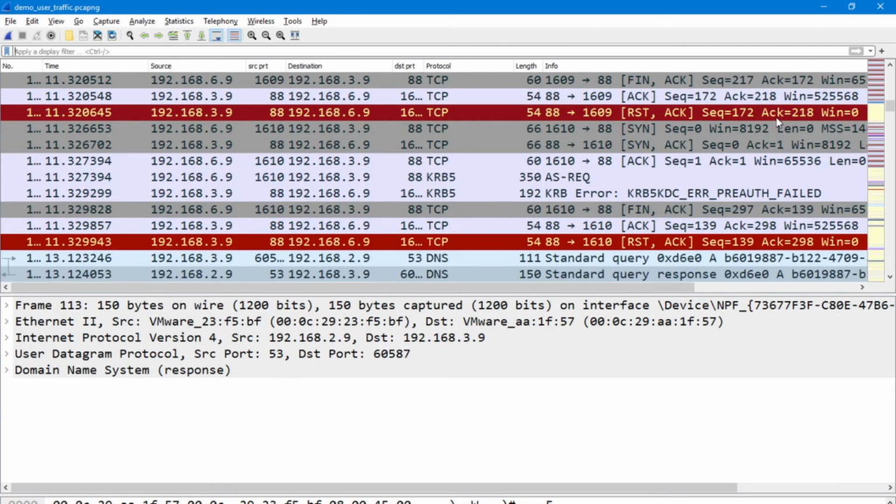I get a good idea of what the private addresses are that are happening here. Are there different networks in play? In this one we had 3 different networks: the 2 network, the 3 network, and the 6 network. Okay, I know based on that there's segmentation in play, which is great.